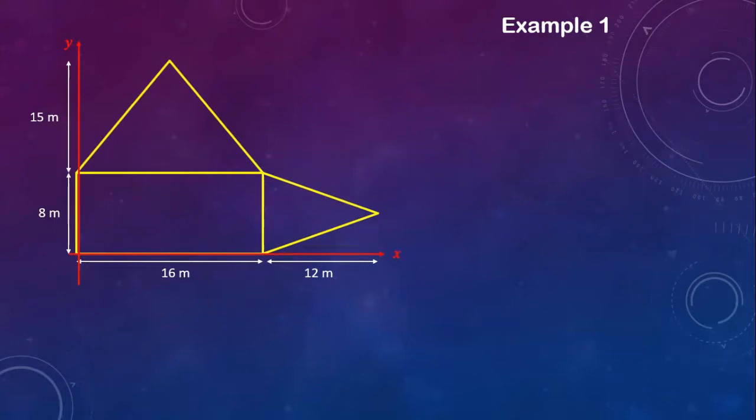As I mentioned in the previous video, the easiest way to find the center of mass of a composite lamina is to draw the x-y axis first.